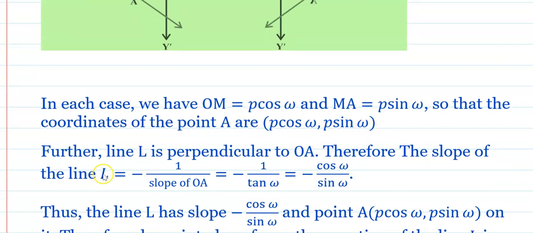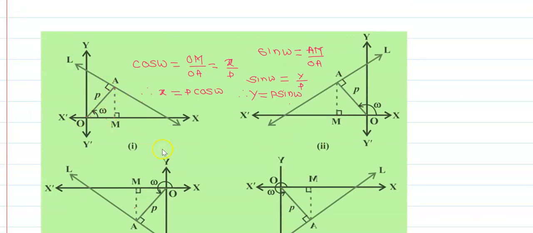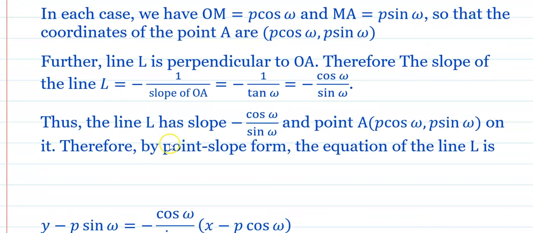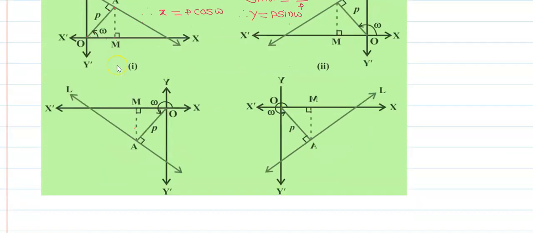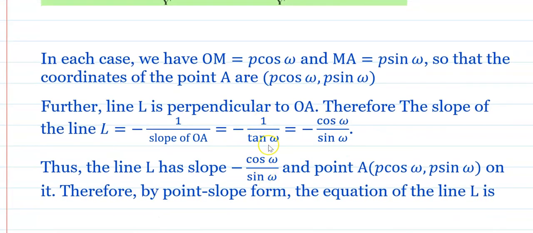In this way, the coordinates of the point A are p cos omega and p sine omega. Further, the line L is perpendicular to OA. Therefore, the slope of line L is equal to minus 1 upon the slope of OA, which is minus tan omega, that is minus cos omega upon sine omega. Thus, line L has slope minus cos omega upon sine omega, and the point A, (p cos omega, p sine omega), lies on it.